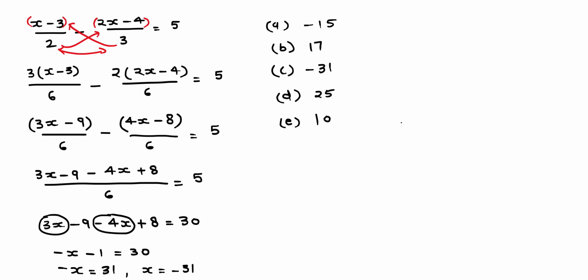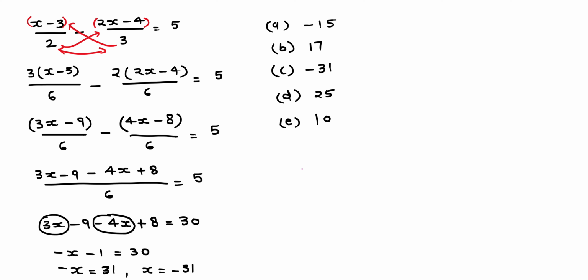Now it depends how fast you are with which method. You can try substituting these numbers one by one into the left side of this equation and see if you are getting the solution as 5. If yes, you have the answer. But if you think solving like this is faster for you, you can go with that. Whichever works for you.